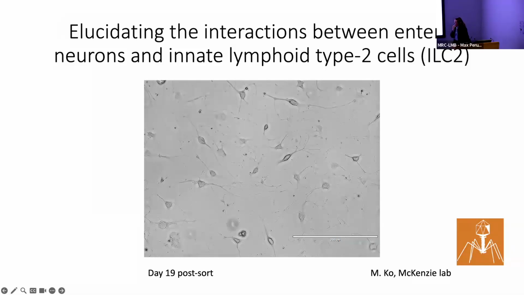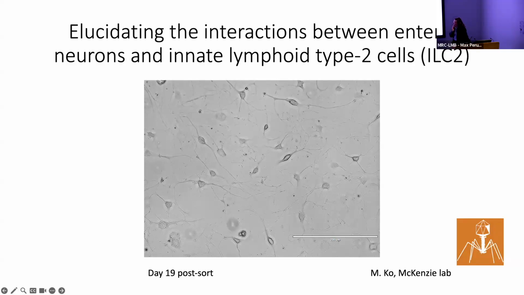And this is a lovely image provided by Michelle of the neurons day 19 post-sort. So you can see that they're definitely nice and happy and alive and are growing well.